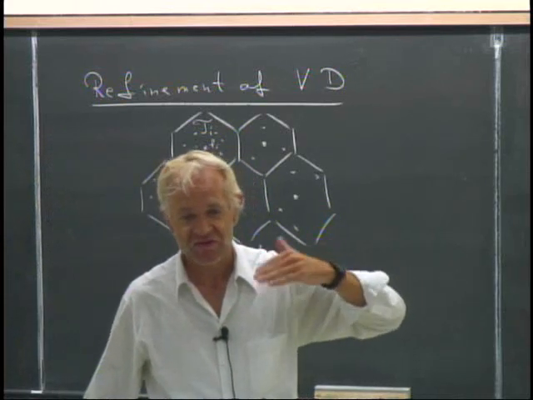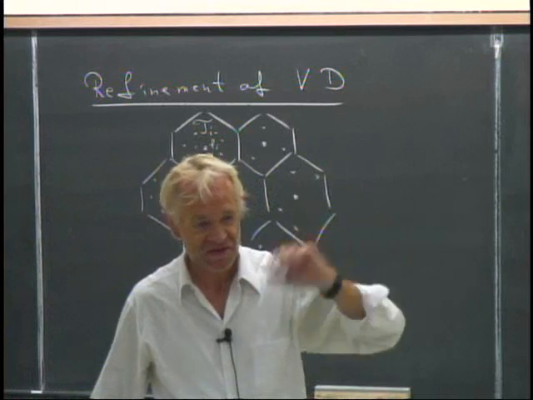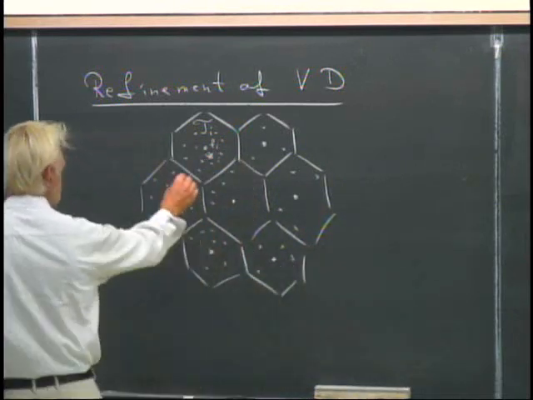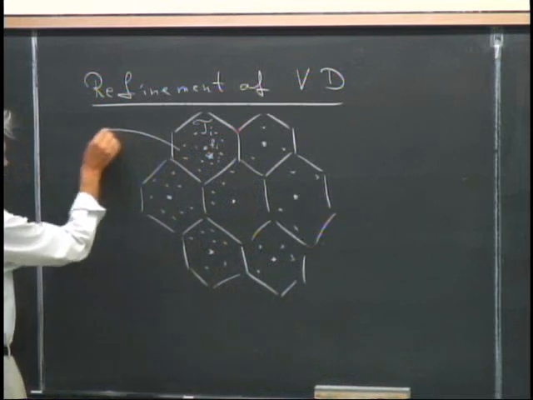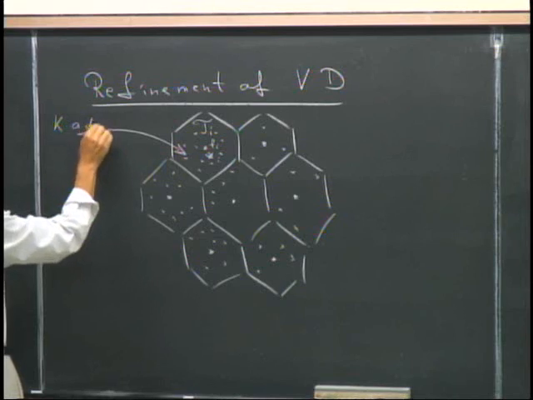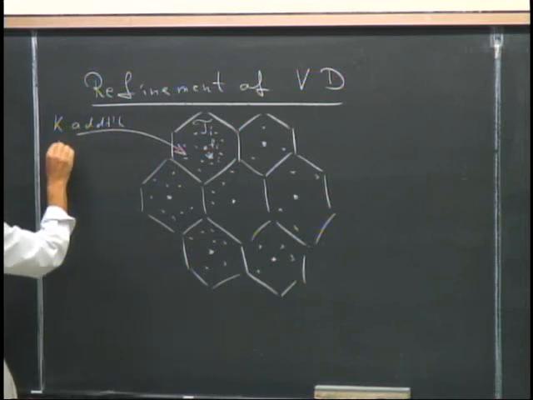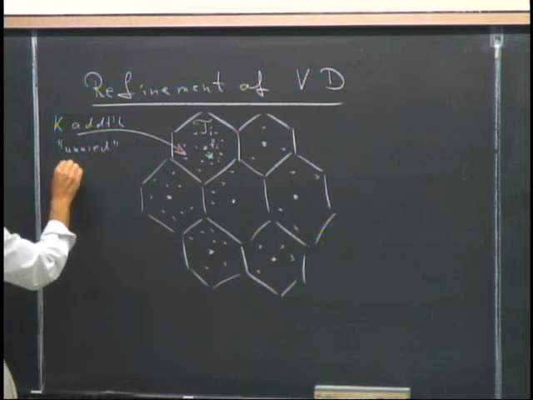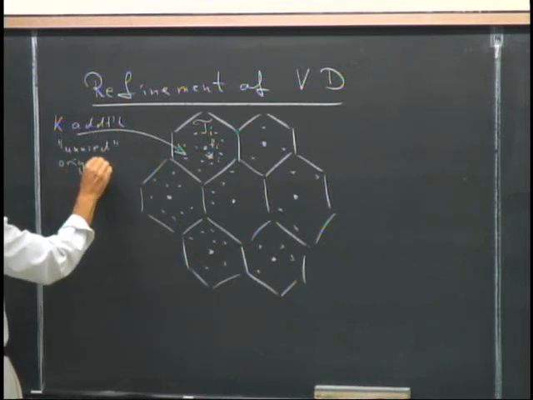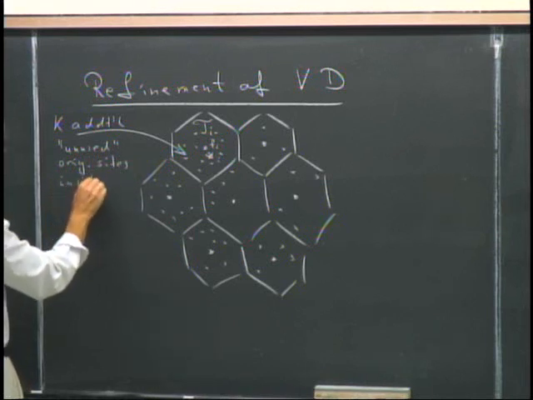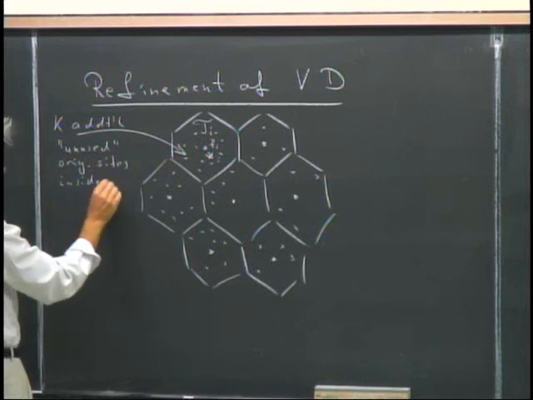The construction makes sure that the Simpson interpolant goes through the function values at the sites, but not through the ones here. So you could say there are k additional unused original sites inside or on an edge inside tile I.